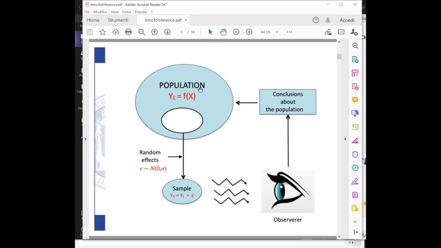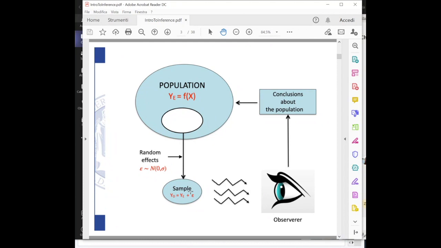I have the population here, and the population is composed of individuals which follow a certain deterministic cause-effect model. So they are as they are because there is a natural law behind the process. I take a sample and I look at the sample, but the sample is not as the population, it is different.